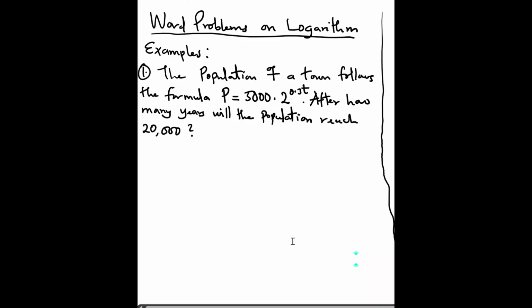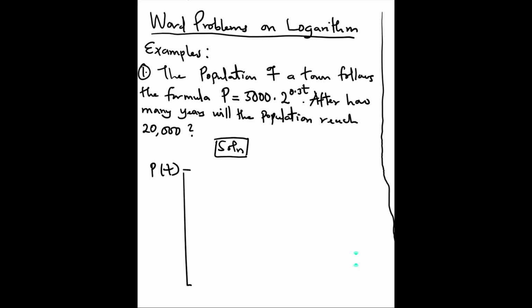So in this question, it says the population of a town follows the formula P equals 5,000 times 2 raised to power 0.3t. After how many years will the population reach 20,000? So it says that the population follows P of t equals 5,000 times 2 exponent 0.3t.